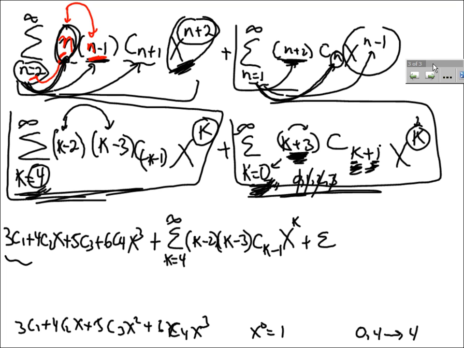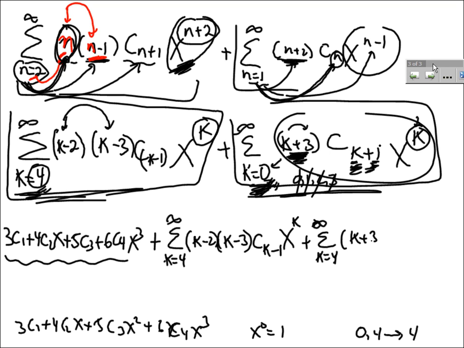But I wrote down the first few terms, from k equals 0 to k equals 3. So now I have to pick up where k equals 4 all the way to infinity. And the rest of this doesn't change. It's k plus 3, c sub k plus 1, x to the k equals.